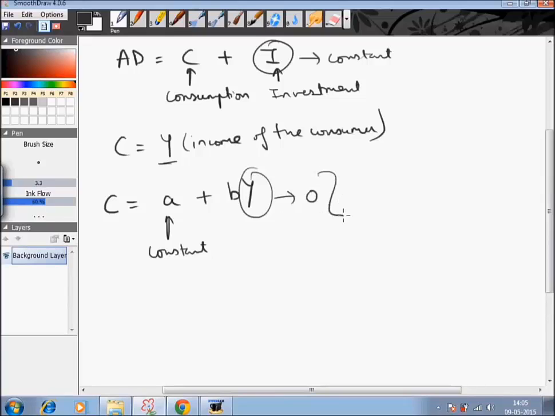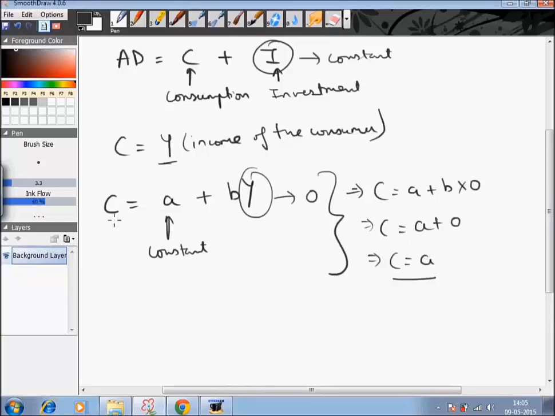Let me explain this to you further. Suppose Y is equal to 0, fine. Then C will be equal to A plus B into 0, because we have assumed Y is equal to 0. Then solving this further, C is equal to A plus 0. Therefore, C will be equal to A.